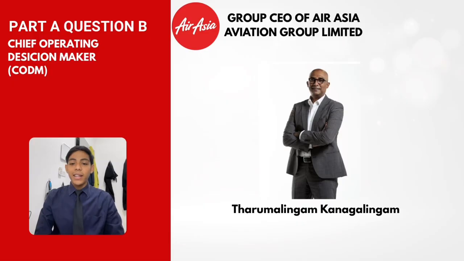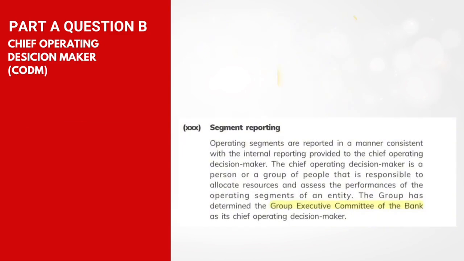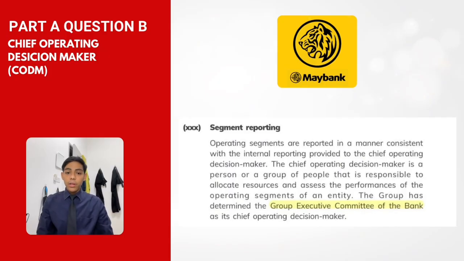Tarumalingam Kanagalingam, known as Bo Lingam, is the Group CEO of AirAsia Aviation Group Limited, hence the CODM of the company. As I said before, CODM can be an individual or a group. For Maybank, the CODM is the Group Executive Committee of the bank.